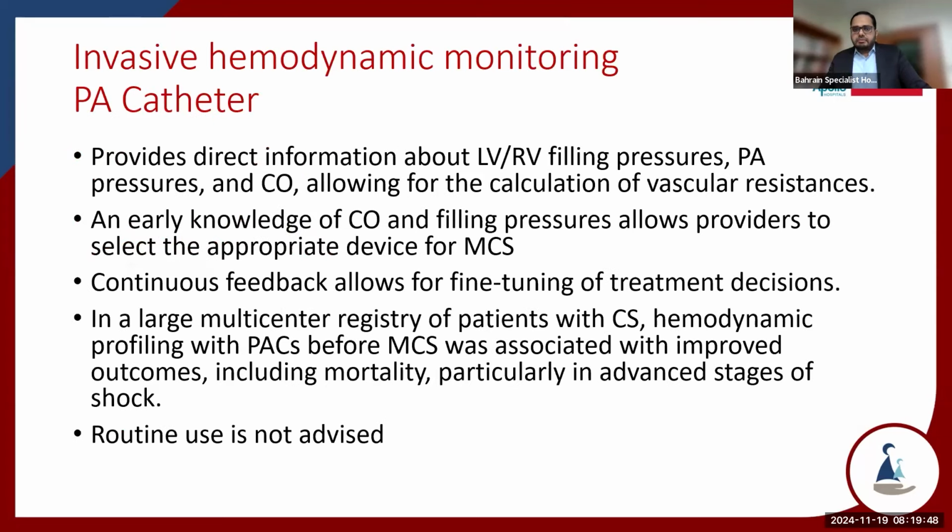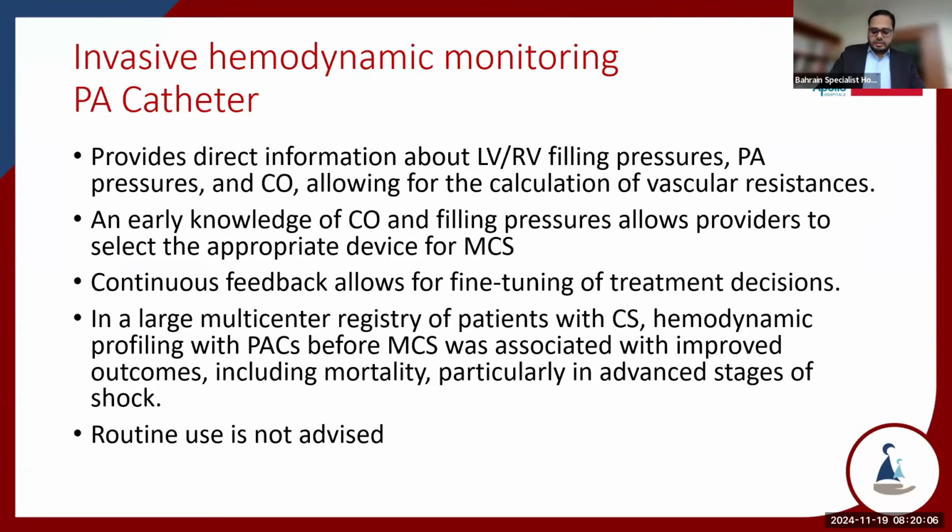Coming to invasive hemodynamic monitoring, there was a trend when all these patients used to get pulmonary artery catheters. All patients with shock, cardiogenic or otherwise, used to get pulmonary artery catheters. But then the complication rates were higher. You saw infections, we saw bleeding, we saw all sorts of problems.